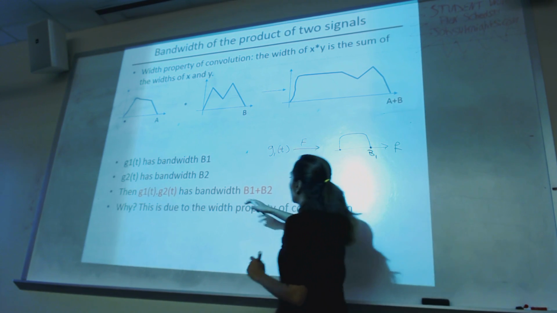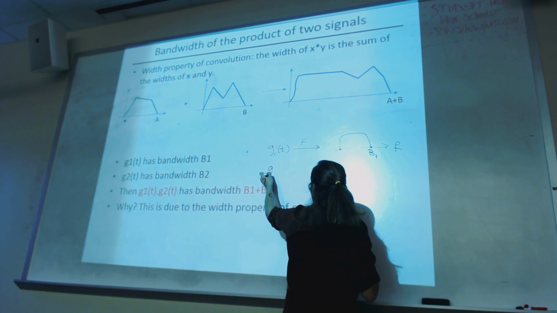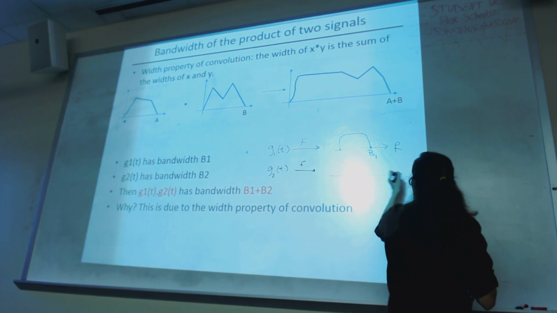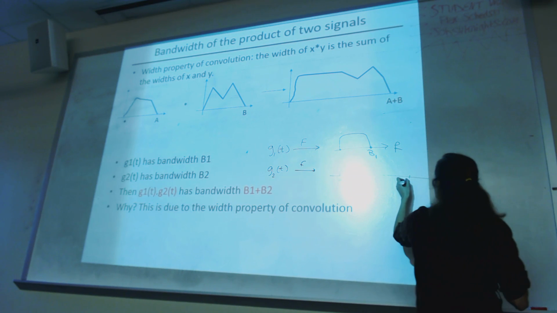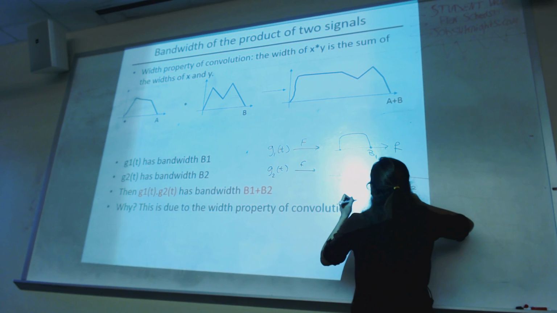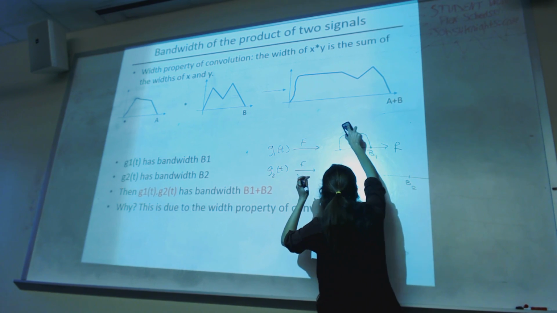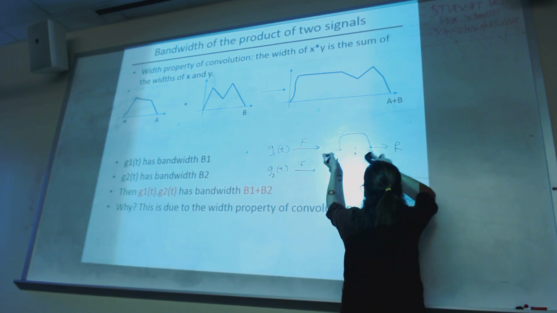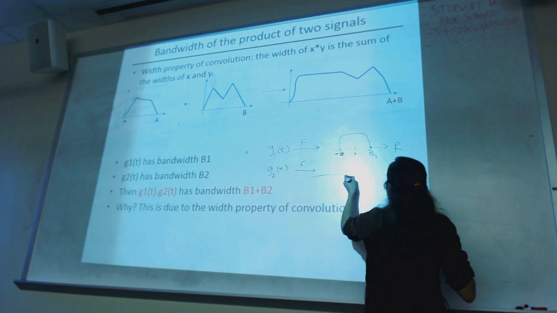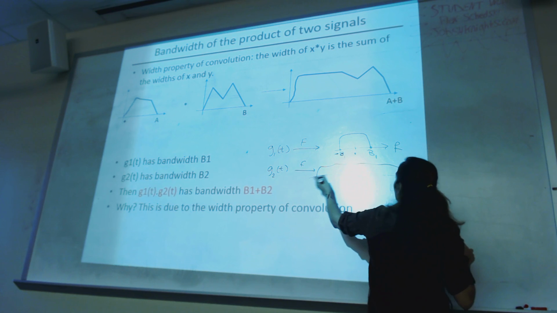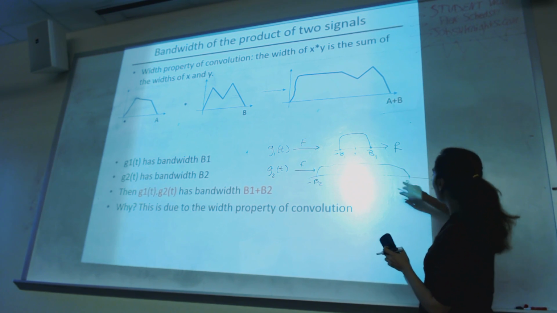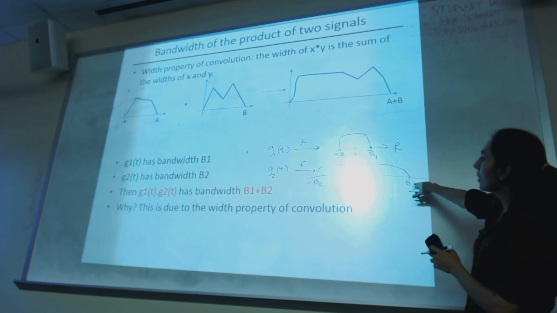And then G2 has bandwidth B2; take the Fourier transform, the bandwidth is B2. Because we have symmetry, so it goes from minus B1 to B1. So the bandwidth of this one is B1, the bandwidth of this one is B2.